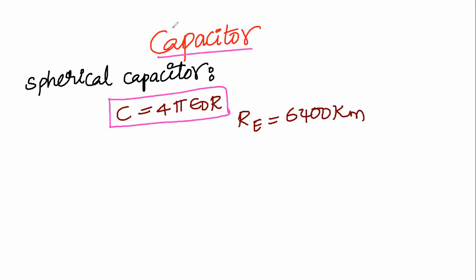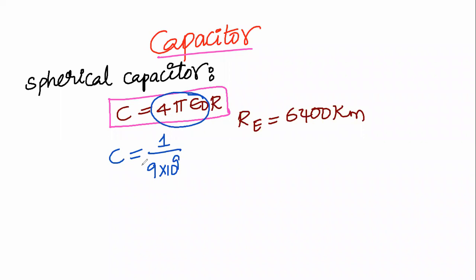On substituting this value, capacitance of the spherical capacitor C is equal to 1 by 4 pi epsilon naught into R. The value of 1 by 4 pi epsilon naught is equal to 9 into 10 power 9.